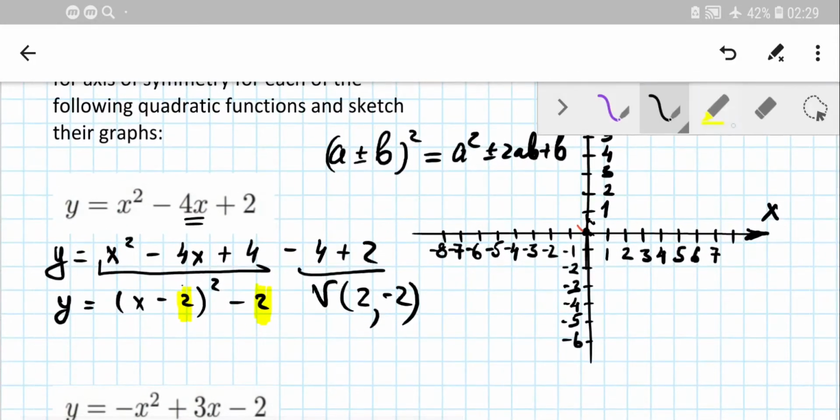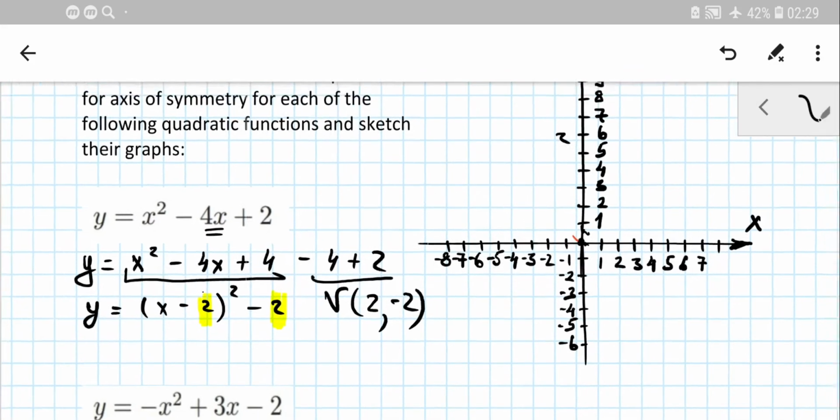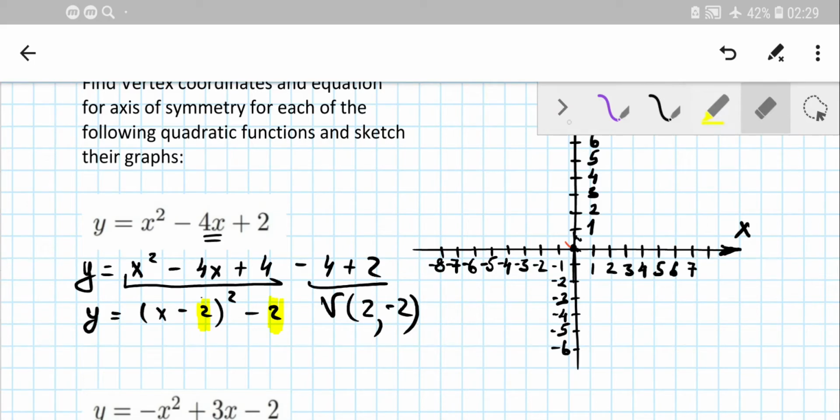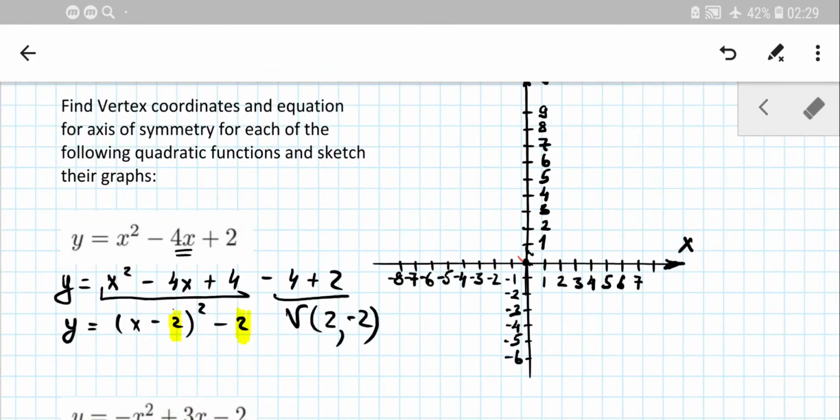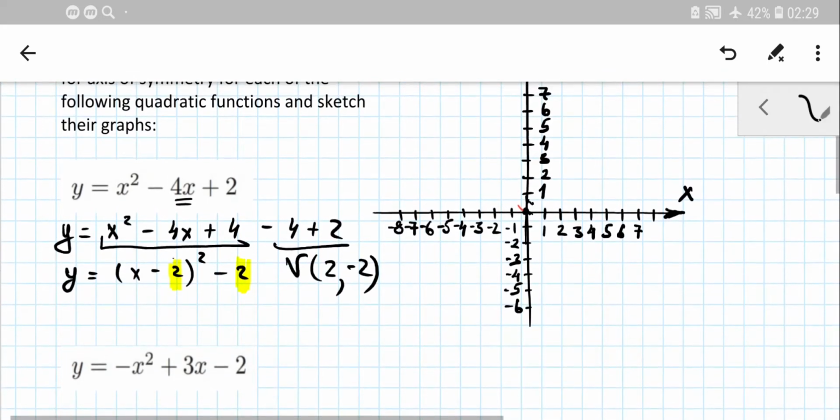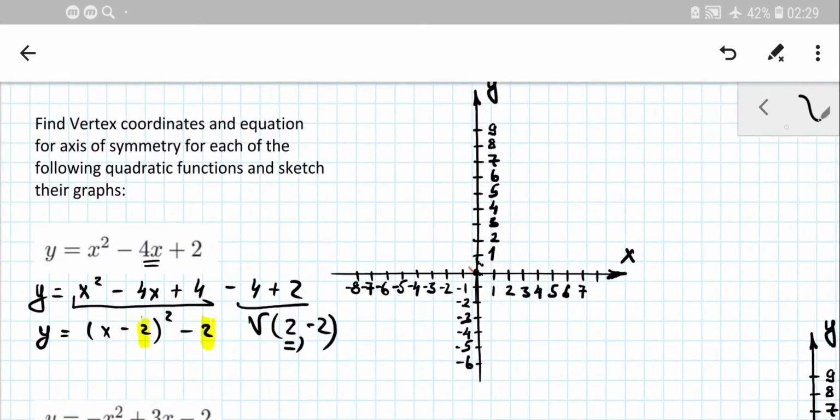I erased the formula because now, according to the problem, I need to find the equation for the axis of symmetry. Vertex coordinates are done, then the axis of symmetry. The axis of symmetry is the line that goes vertically through the x of the vertex. So it's 2, and I simply put the line here.